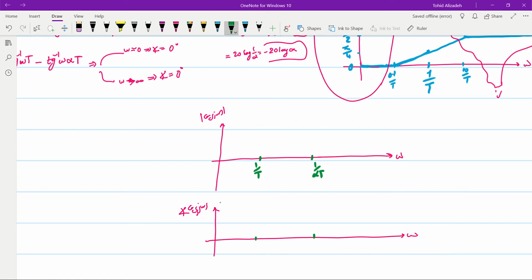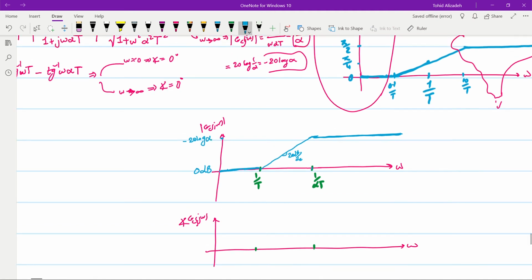The amplitude initially starts at 0 dB. The first corner frequency that we have is 1 over T. After that we will have the slope of 20 decibel per decade, and then we will have the pole, after which the slope will become 0 dB per decade, and we will have a constant value. That constant value is indeed minus 20 logarithm of alpha, or 20 logarithm of 1 over alpha.